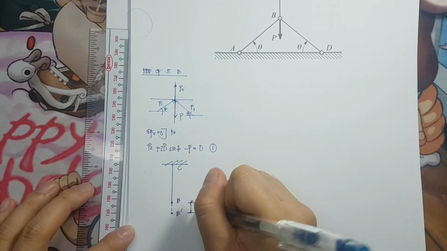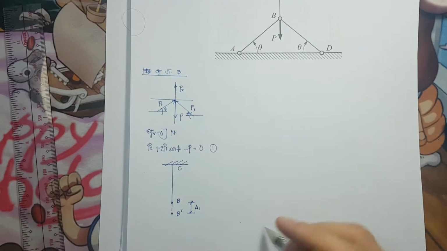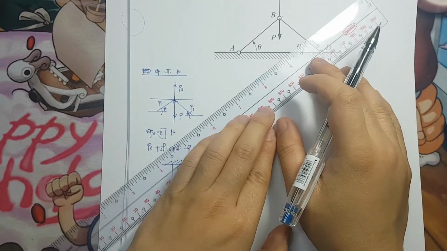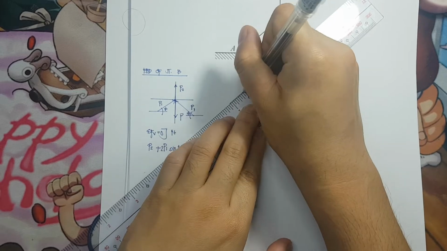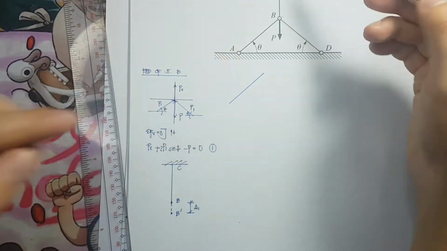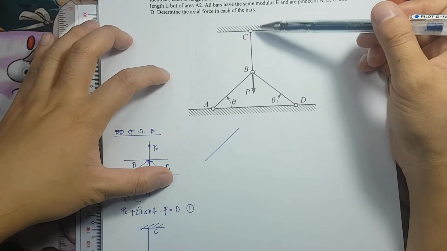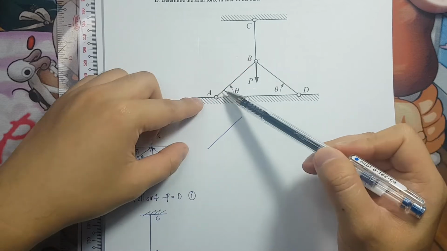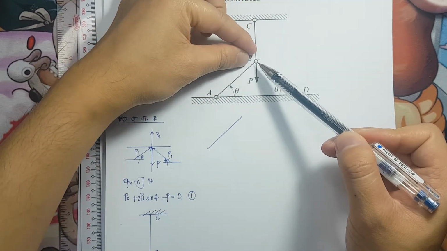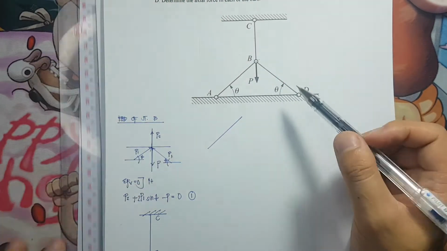So let's say that that is delta 1. For segment AB, there would also be a change. Imagine segment BC elongated. Therefore, segment AB will somehow compress. There will be a compression at segment AB.